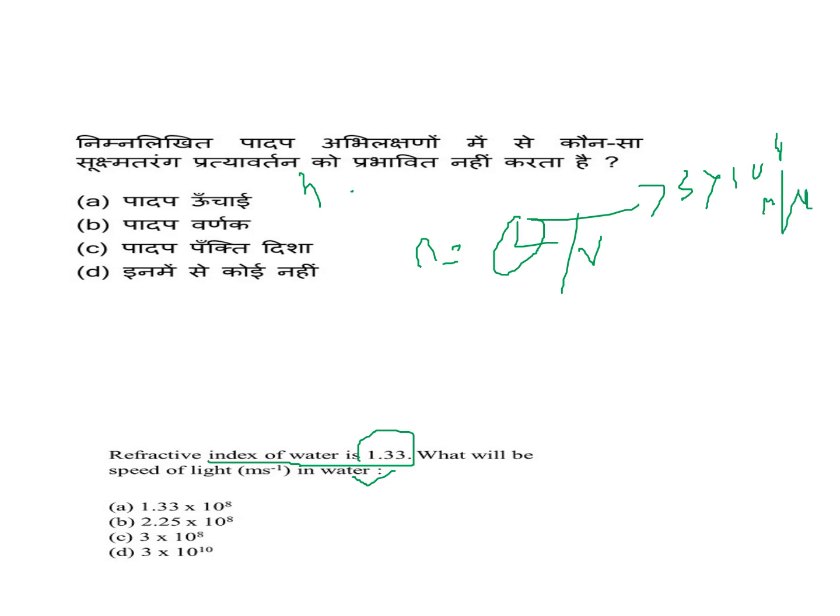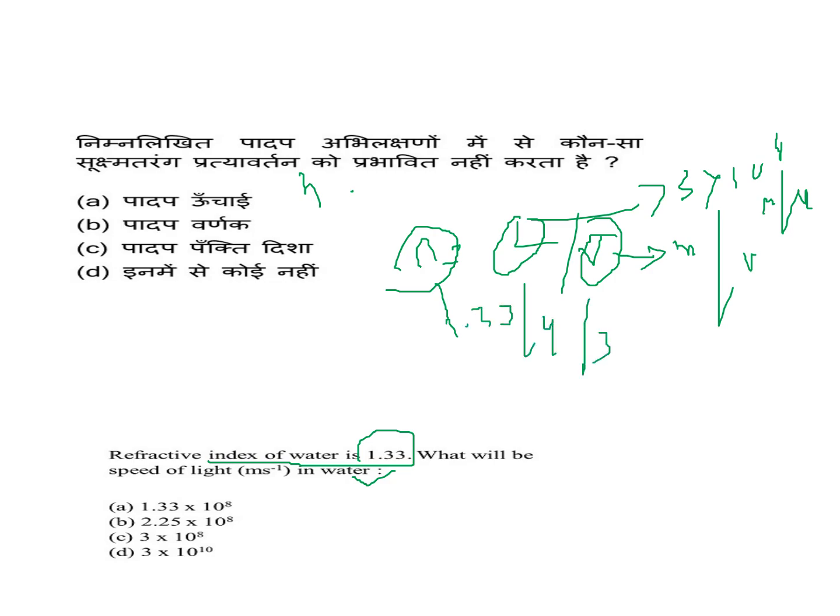V is speed of light in water, that we have to find, meter per second. N is refractive index of water. It is given as 1.33 or 4 by 3. If you calculate, the answer will be 2.25 into 10 to the power of 8.